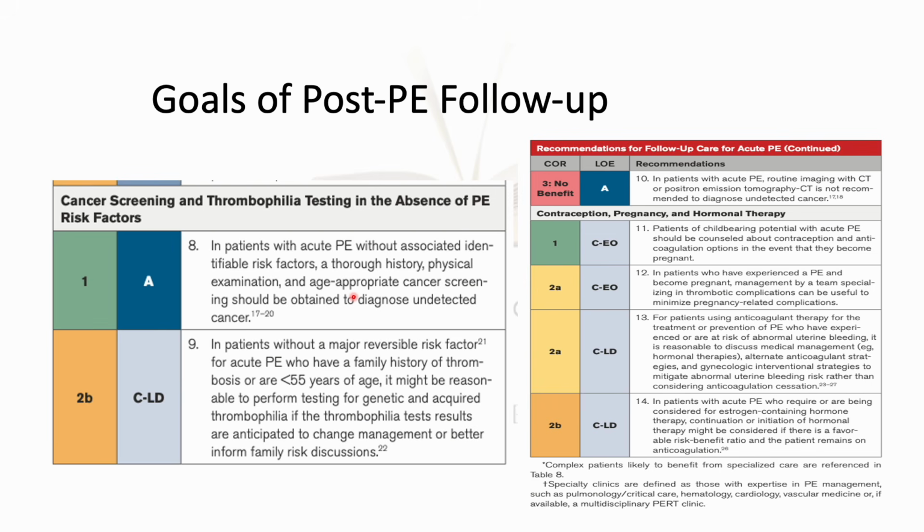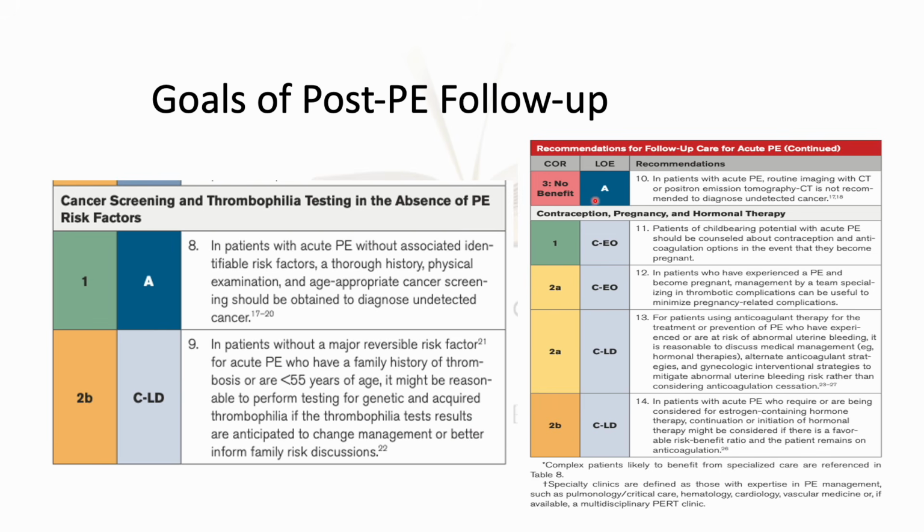That's very important. Grade 1 with level A recommendations. In patients without a major reversible risk factor, such as surgery, for acute PE who have a family history of thrombosis or are less than 55, it's very important that you do thrombophilia testing. And this is important to change your management decisions and discussions.